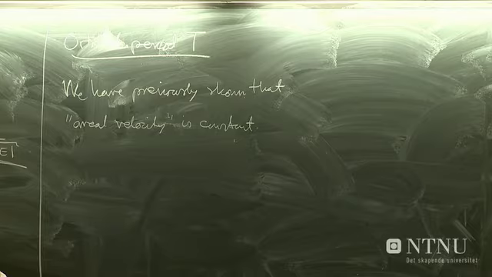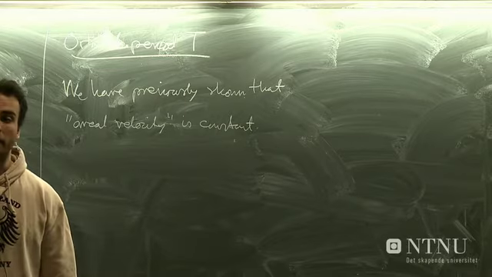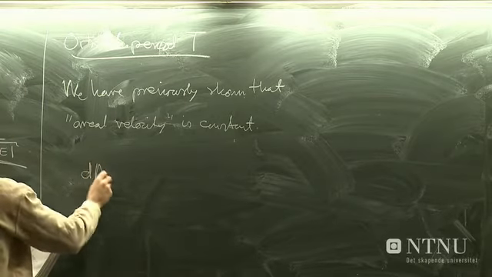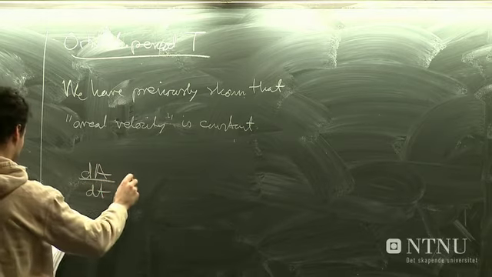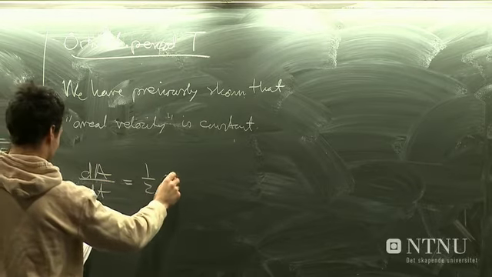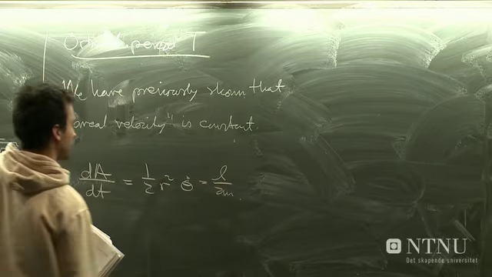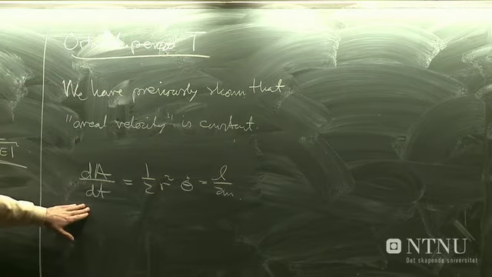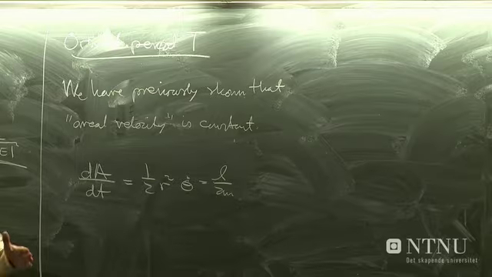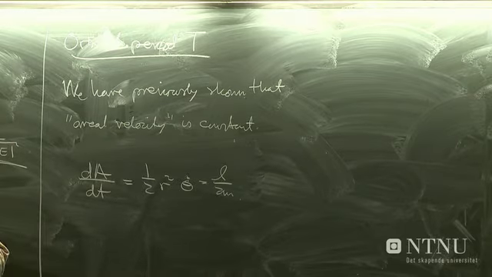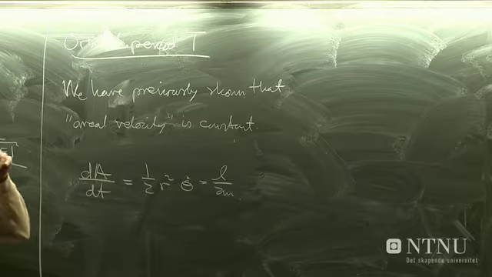Or, expressed alternatively, we can say that the areal velocity is constant. Like this. So the area dA swept over time dt is constant at all points in the trajectory.